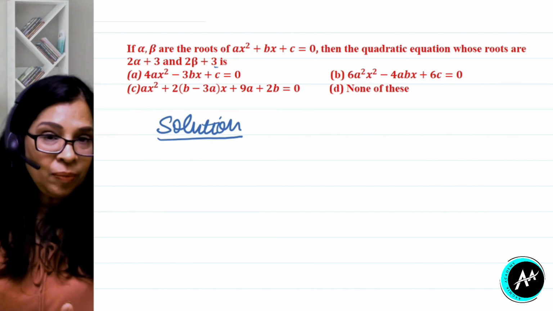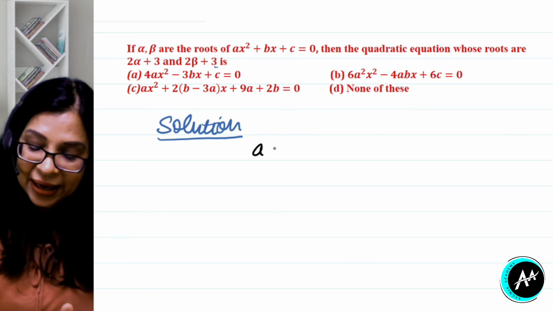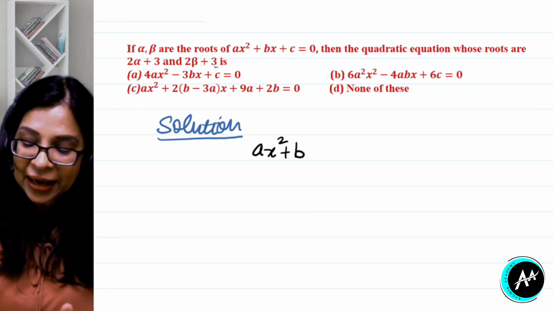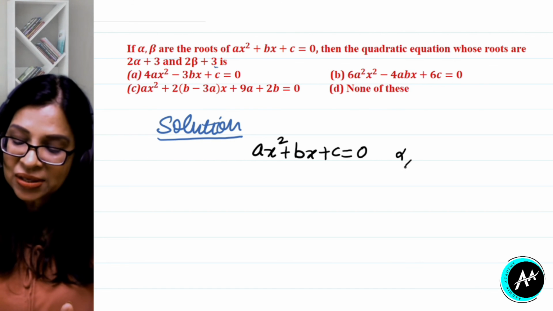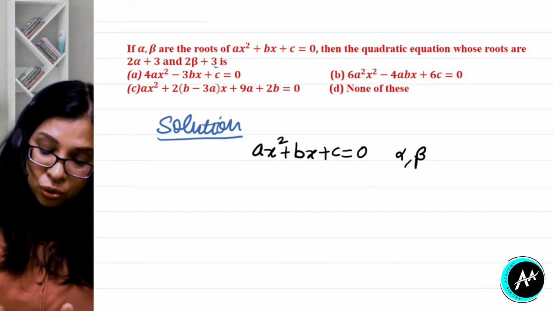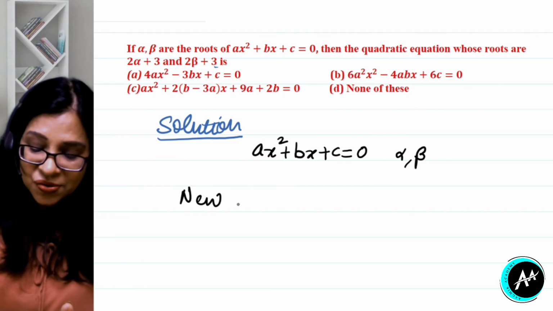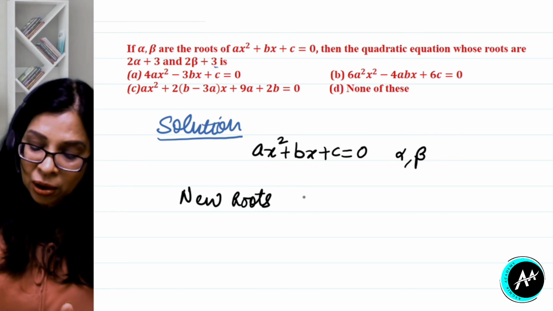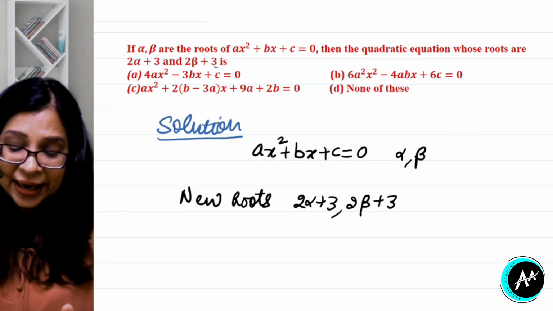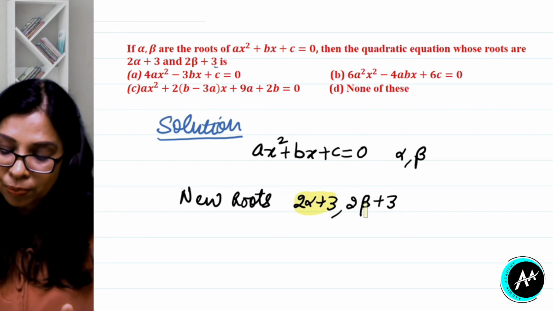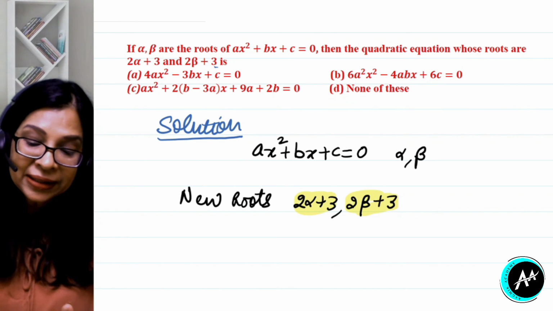As you can see, the given equation is ax square plus bx plus c equal to 0, and it has roots alpha, beta. Now new roots are given to us. What are the new roots? Look carefully: 2 alpha plus 3, 2 beta plus 3. So you can see that the same transformation is happening in both the roots. What was the method?